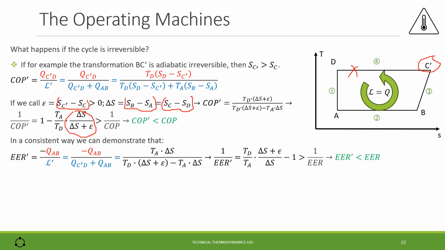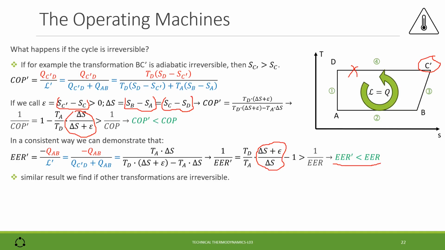We replaced the expression already found for the work, and using the same parameters delta S and epsilon already seen, we come to the conclusion that the inverse of EER' is greater than the inverse of EER, because this quantity is greater than 1, and therefore EER' is less than EER.